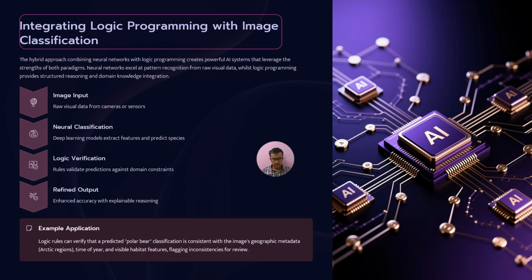Image input. Raw visual data from camera or sensors. Neural classification. That input is classified. Deep learning models extract features and predict species from that image.